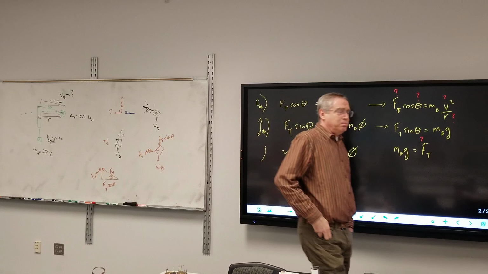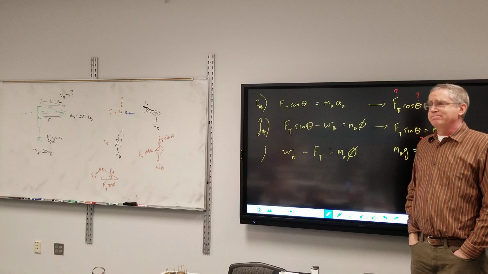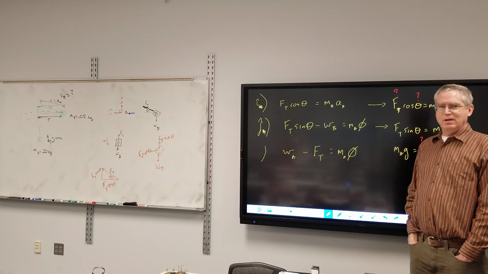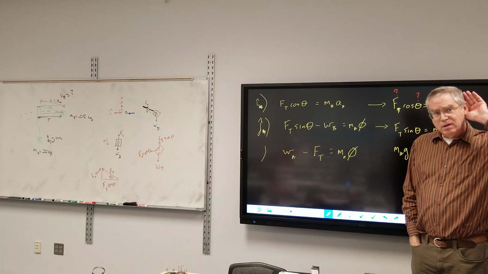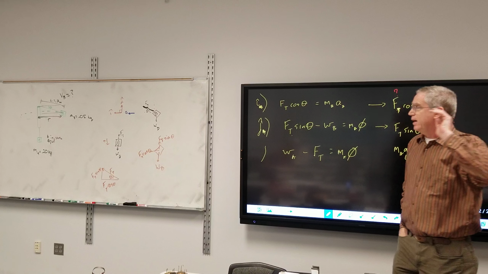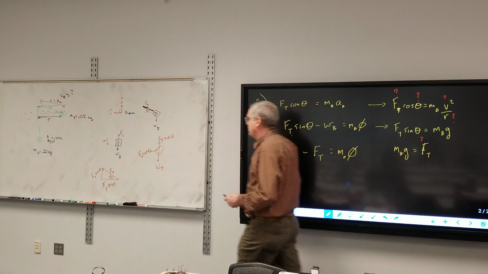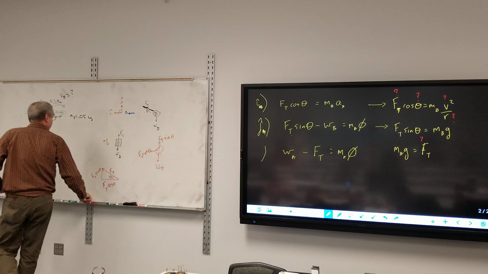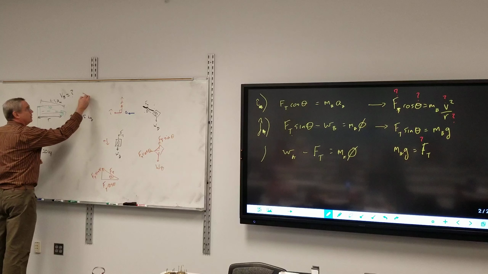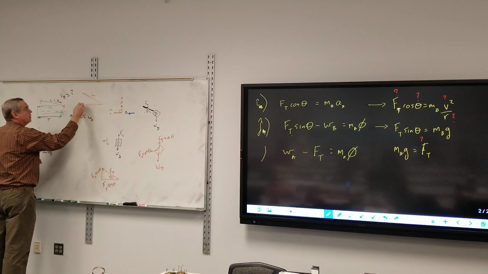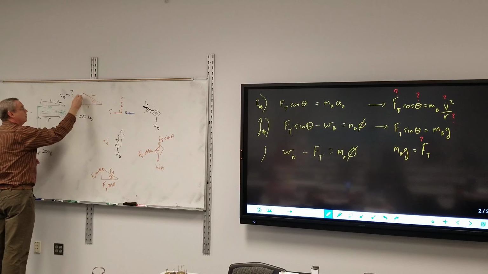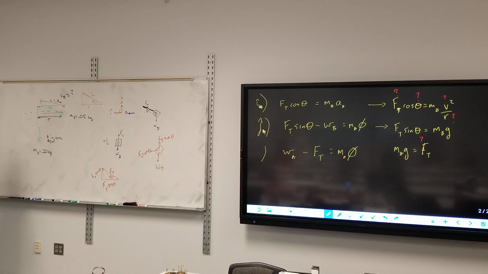What is the relationship between L and R? L is the hypotenuse. It's a physical triangle. So I've got a hypotenuse of L. This angle here is theta, and that is R. What's the relationship between R and L?